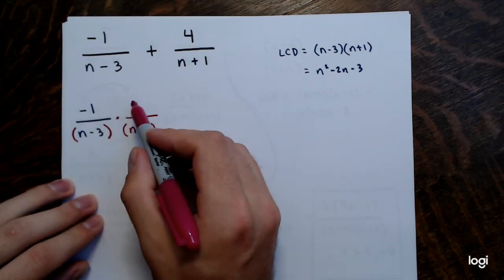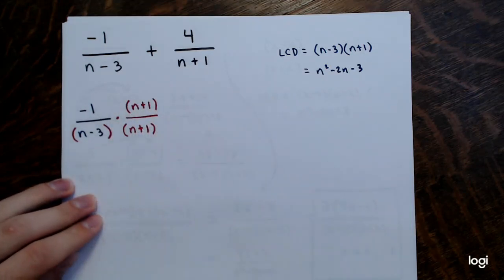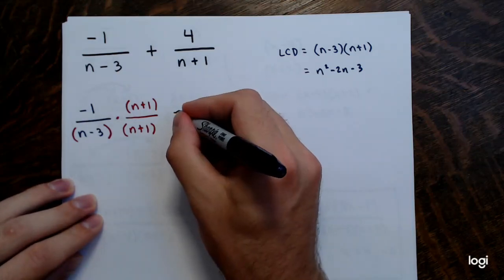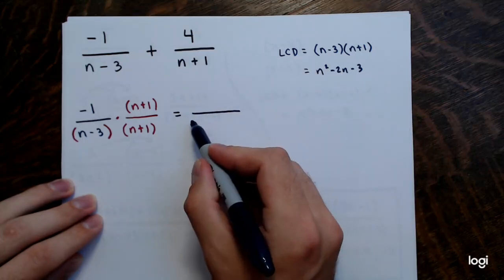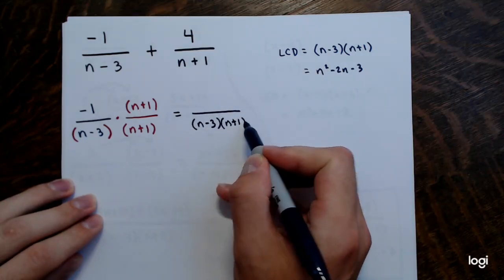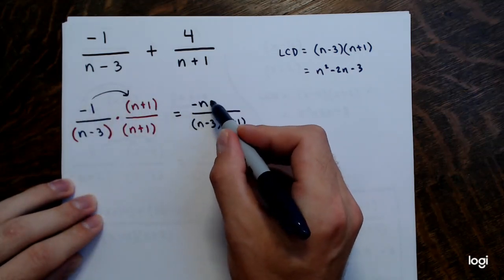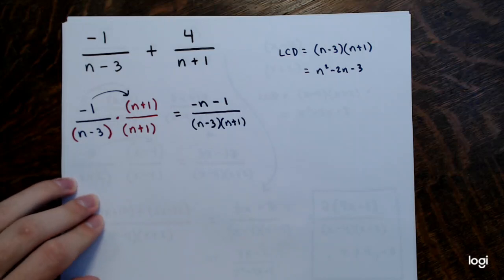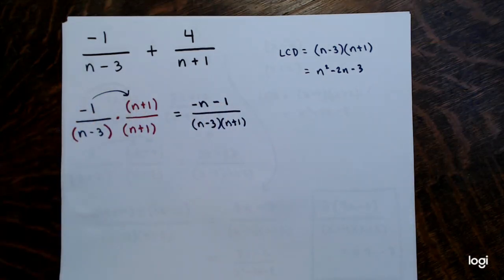You can if you want. Wouldn't be wrong. And then I'll multiply this by the quantity n plus 1 as well. And when multiplying this, I get my denominator, my LCD, n minus 3 times n plus 1. And then distributing the negative 1, we have minus n minus 1 up in the numerator, right? Negative 1n plus negative 1 in the numerator.